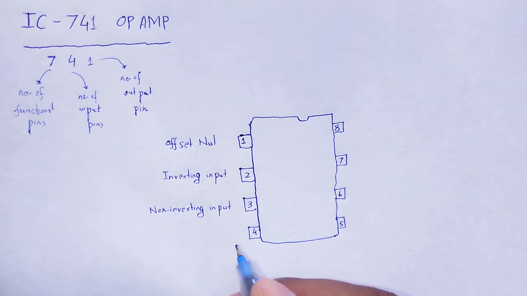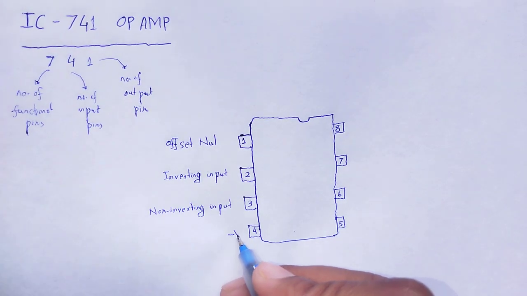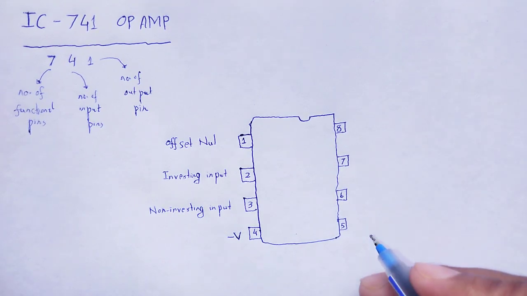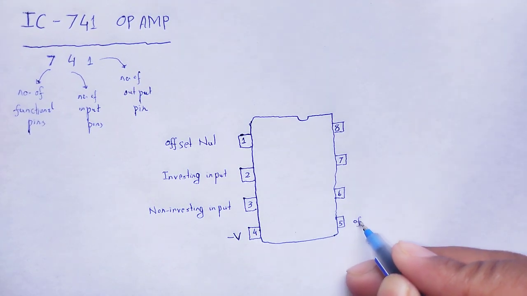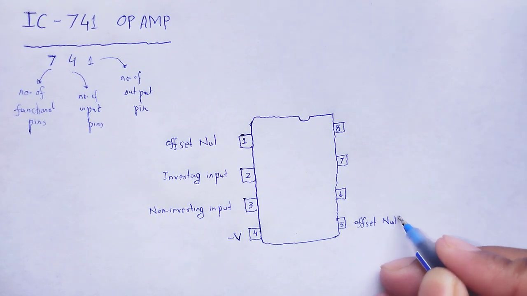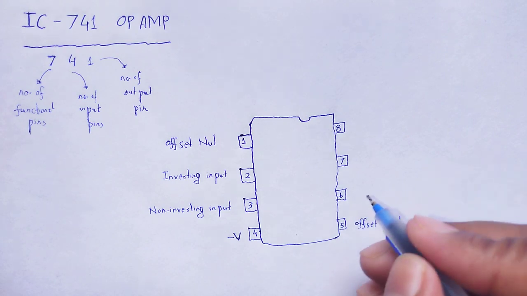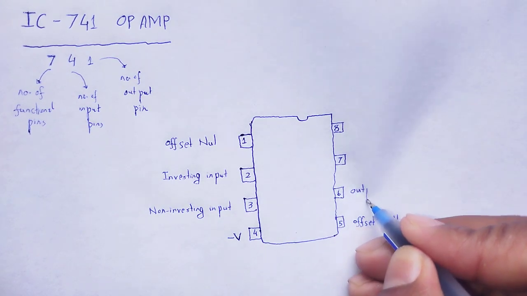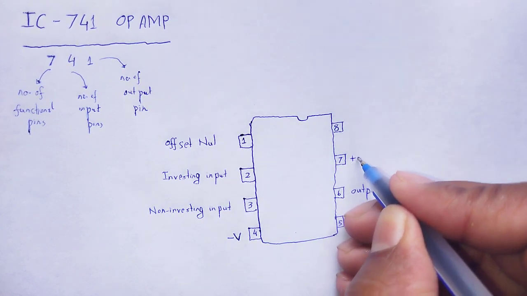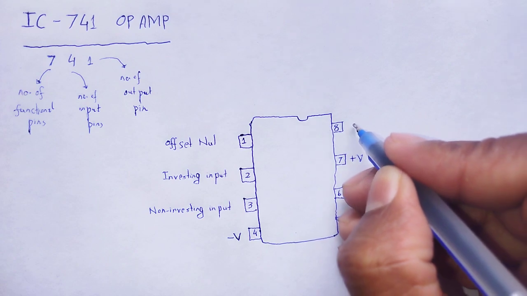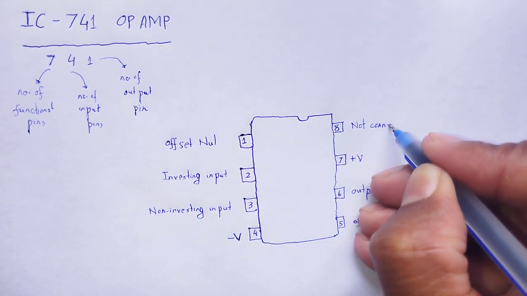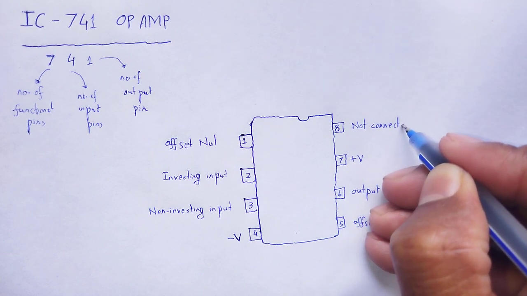Pin number 4, negative V, that is the power supply pin. Pin number 5, offset null. Pin number 6 is the output. Pin number 7, power supply plus V. Pin number 8 is not connected, that is not a functional pin.